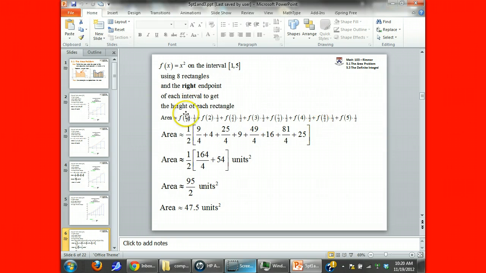That's 8 different evaluations of the function, but each time the width of the rectangle is a half. So you can factor all those halves out and just deal with that sum. It ends up as 95 once you add those up, and then divide by 2 to get 47 and a half. So using more rectangles, I'm able to increase my accuracy.